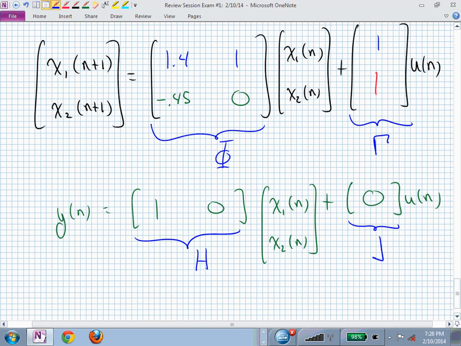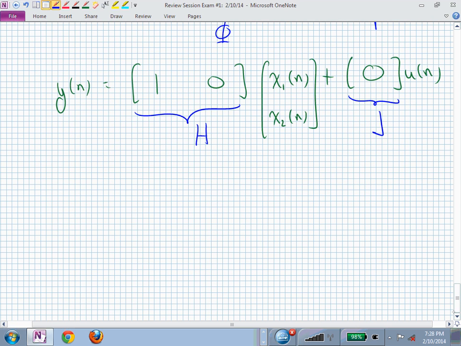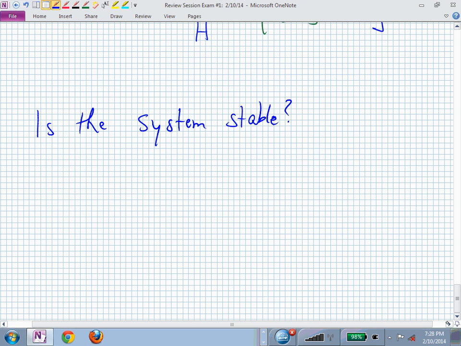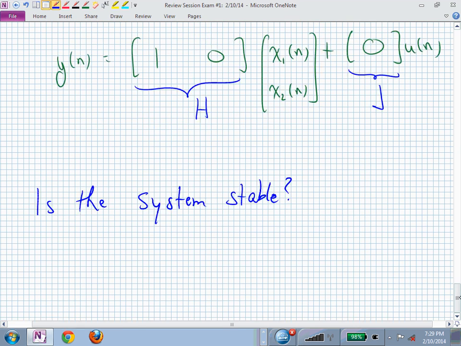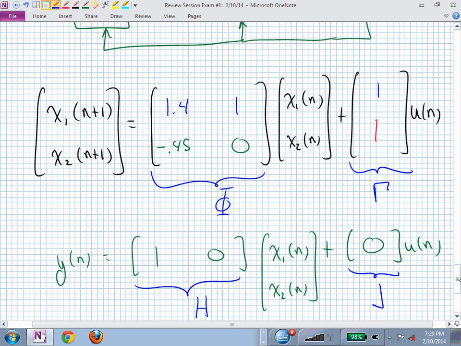One of the things that we could ask about now is, is that system stable? Here's another question. So that was question 1A. Here's question 1B. Is the system stable? So there's many ways of finding that, but now we have this phi matrix, which is a state space representation.